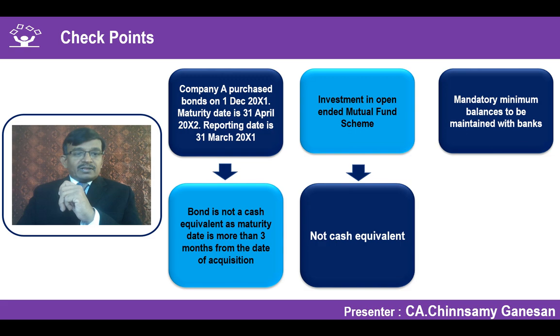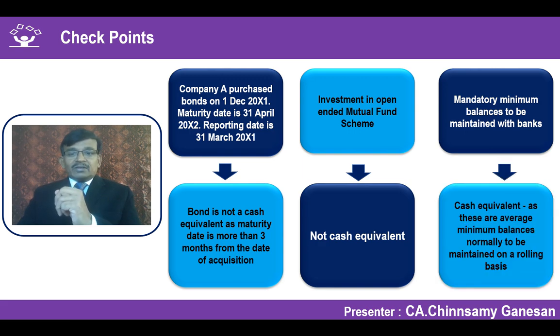In some cases, banks will insist that you mandatorily maintain certain balances with the banks. It's maintained on a long-term basis. For a current account being maintained, they will say that the minimum balance to be maintained may be, for example, 1 lakh rupees or 2 lakh rupees. Whether that 1 lakh or 2 lakh rupees is always with the bank, and to that extent, whether it will have the nature of cash equivalent, the answer is still yes, because it is to be maintained on a rolling basis.